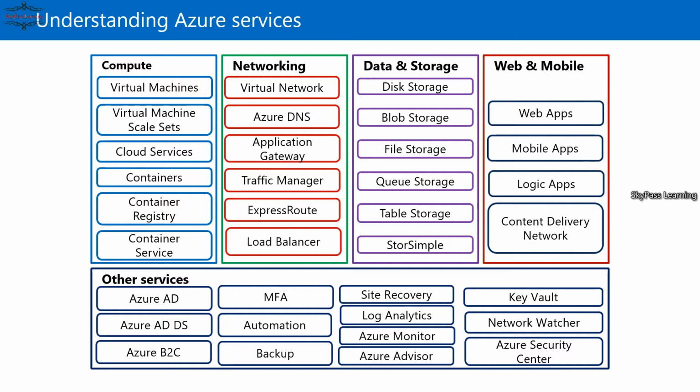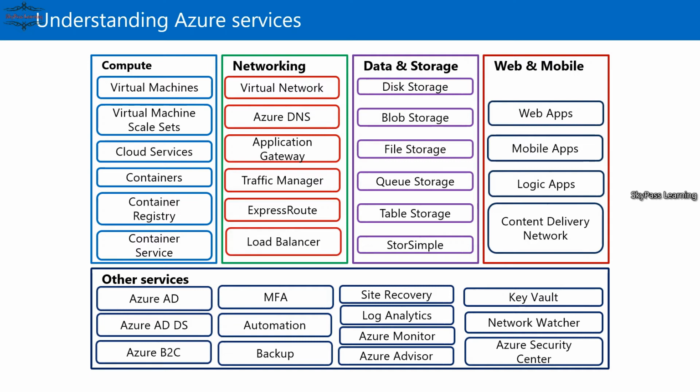So let's quickly understand the Azure services that are offered by Microsoft. You can see the major categorization in the form of compute, networking, data and storage, web and mobile, and a couple of other services. Those are also part of the Azure platform. Compute is a service model through which we can identify the model of computing resources.